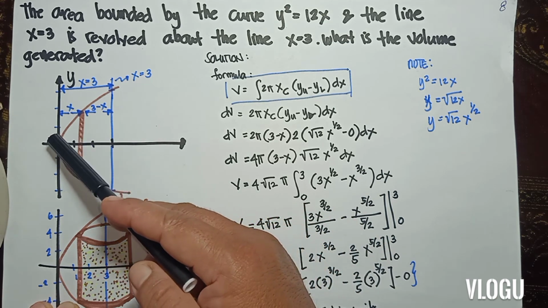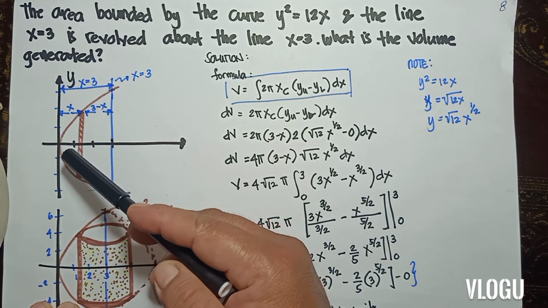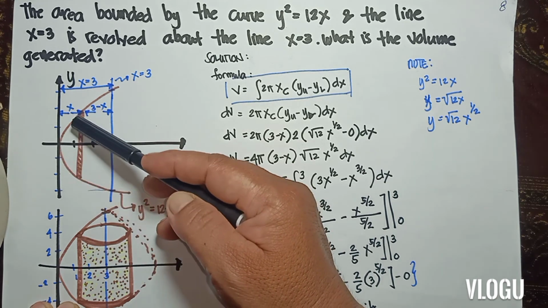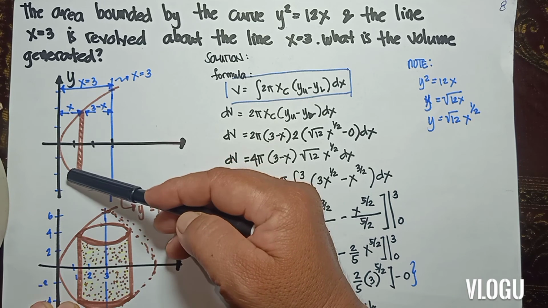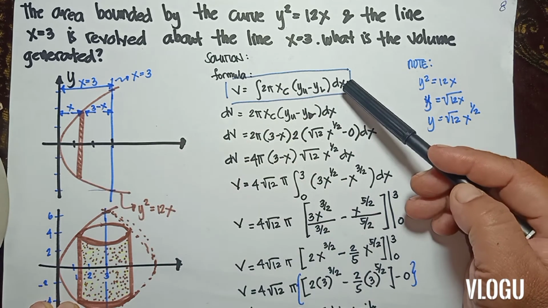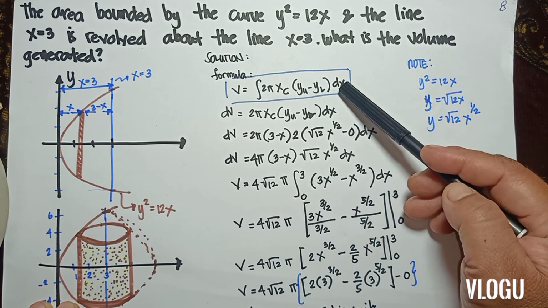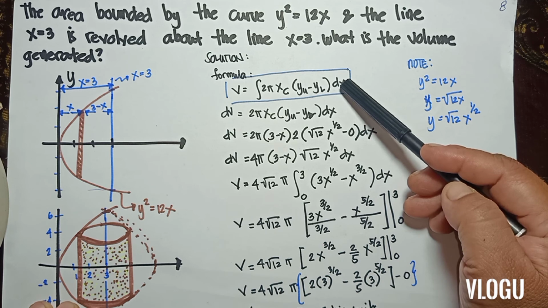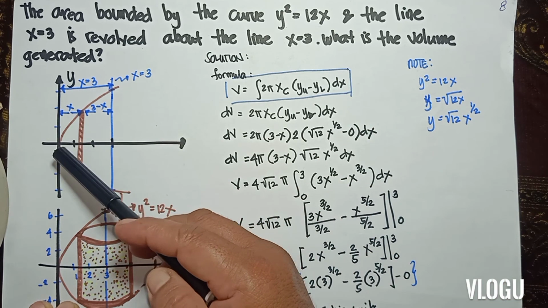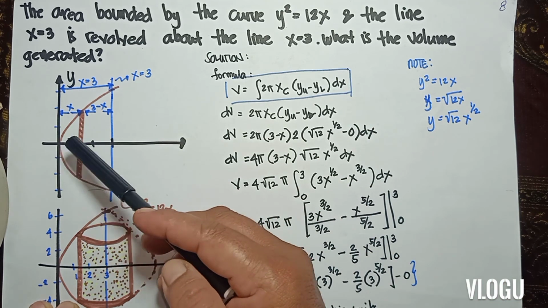The limits that we will be using: because this vertical strip cuts the x-axis, that is dx, so your limits are on the x-axis, 0 to 3.